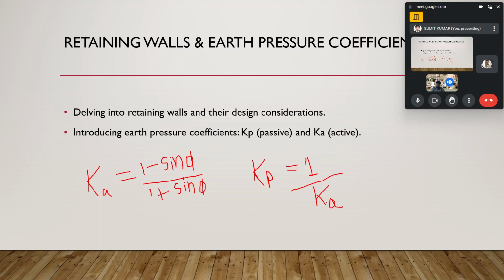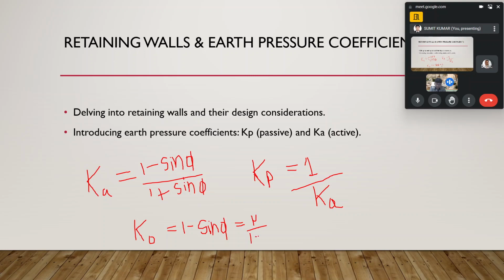In those situations also there is some value of coefficient of earth pressure. That value is represented as K naught, and that is nothing but 1 minus sine phi, or this is also mu by 1 minus mu.